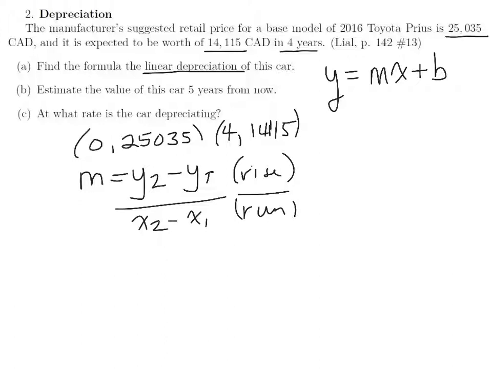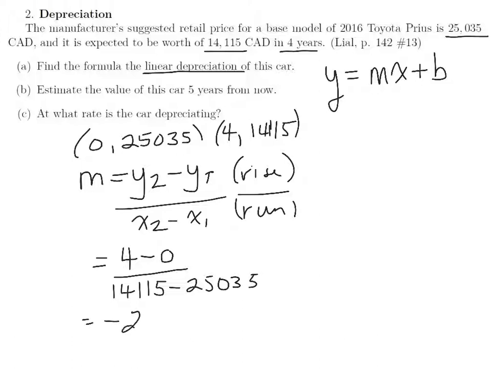And what we can predict, of course, is that a car depreciates or goes down in value, so the slope is going to be negative. So let's substitute our numbers. We have 4 minus 0, and we have 14,115 minus 25,035.